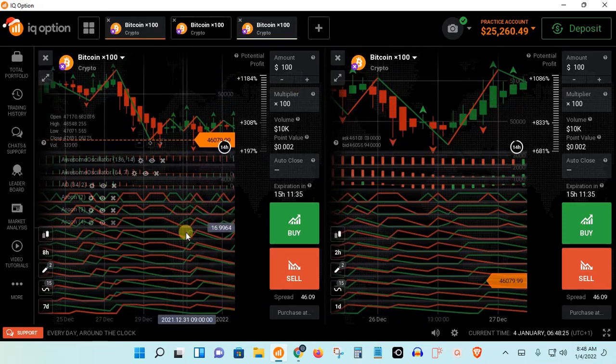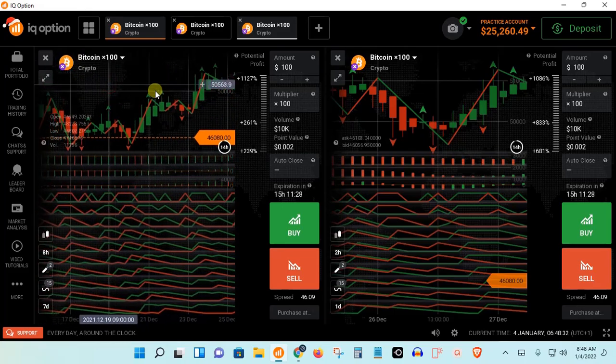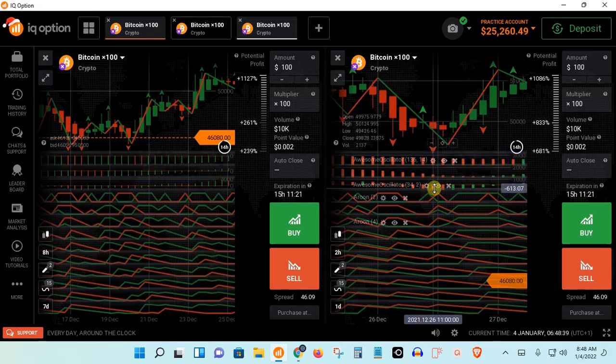So those are short trends. We kind of have another one here. So that's the beauty of working with an 8 hour interval. A short trend in 8 hour interval would mean a long trend in 2 hour interval.